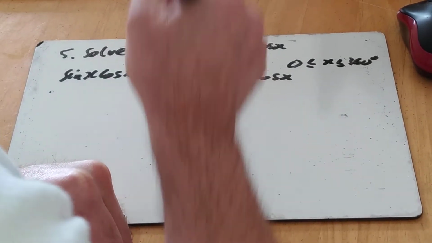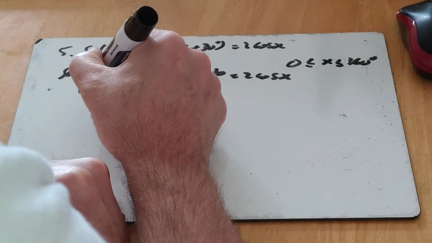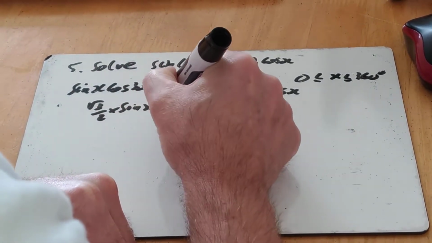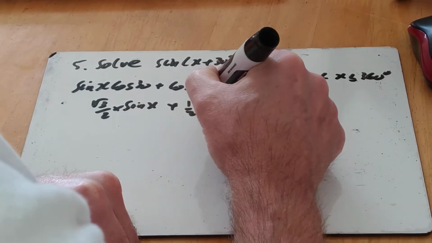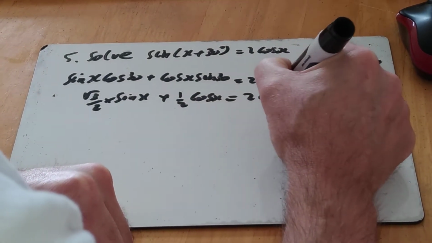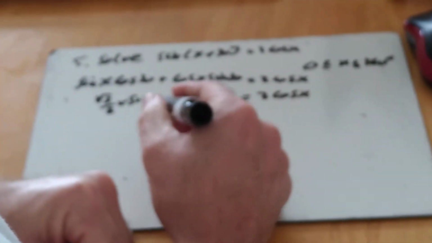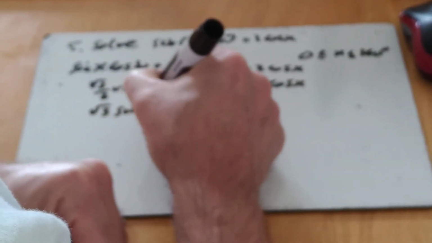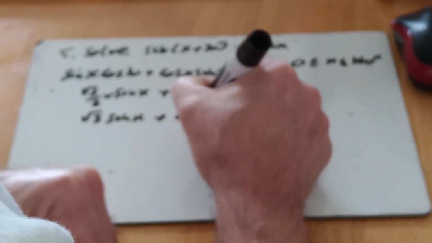Put my values in: cos 30 is root 3 over 2, sine 30 is a half, times cos x equals 2 cos x. Times by 2 because I don't like fractions: root 3 sine x plus cos x equals 4 cos x.